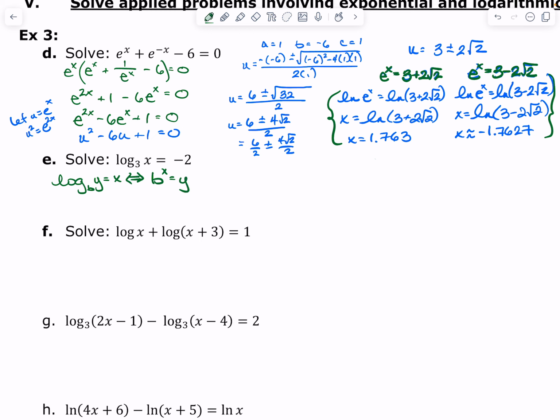I can rewrite this as 3 to the -2 equals x. X is 1 over 3 to the 2, 3 squared, 1/9. Whole lot easier than it looked. So if we remember how, we rewrite this as the exponential, and we are way more comfortable with those. Right?